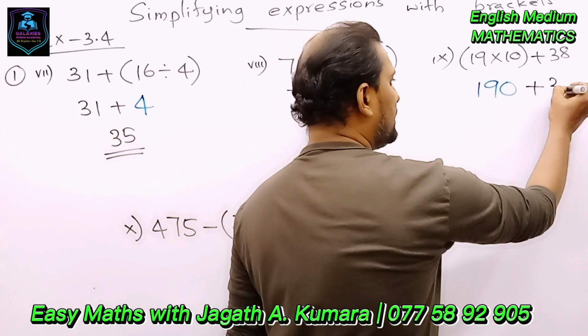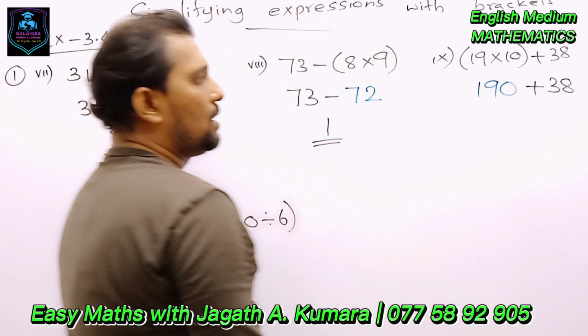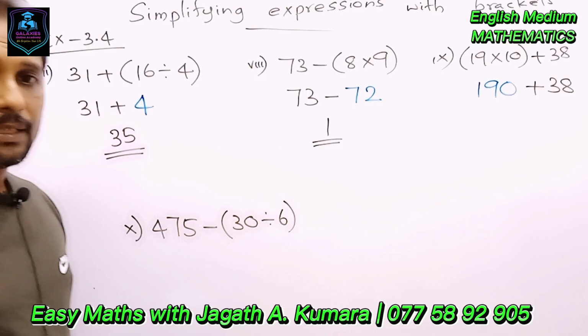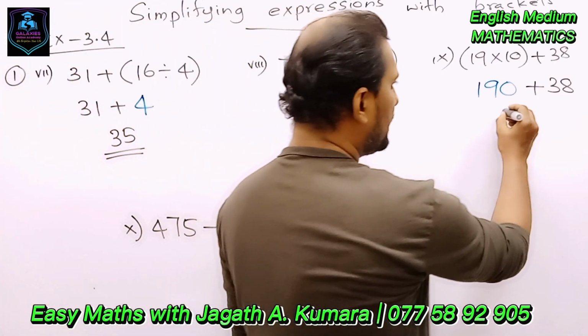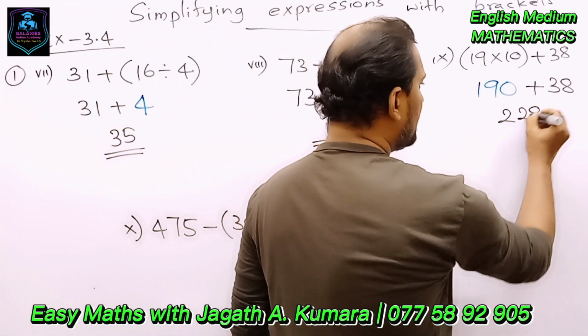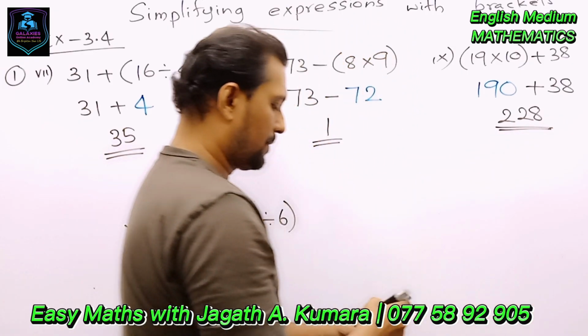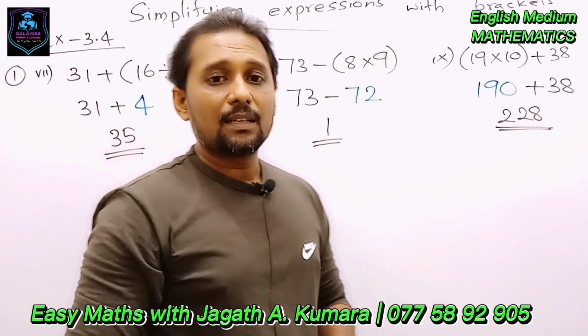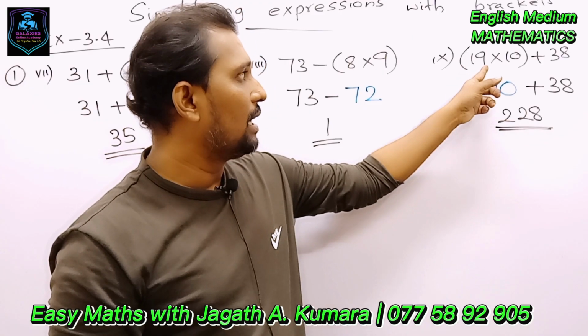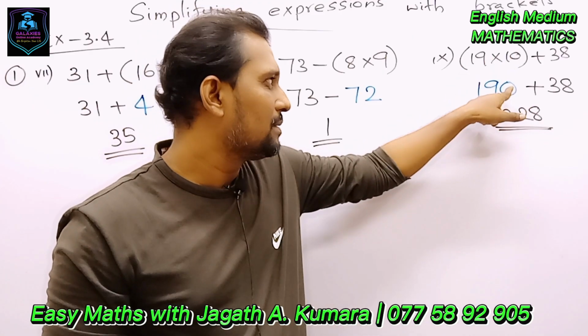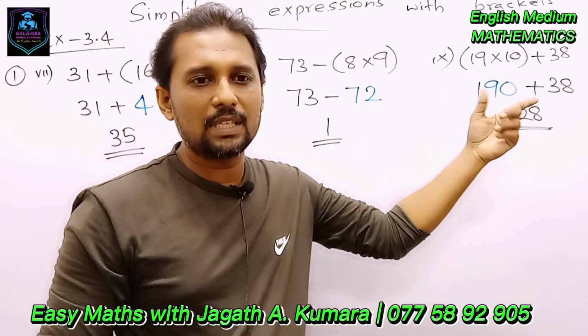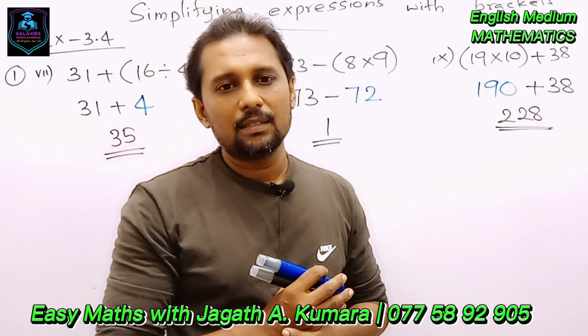Add 38. 190 plus 38, what is the answer? 228. Also revise your grade 6 knowledge: when you multiply a number by 10, you can put a 0 at the end of the number, then you can get the answer quickly.